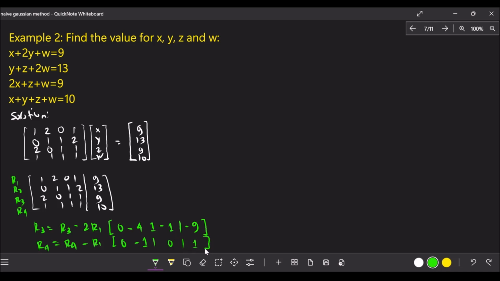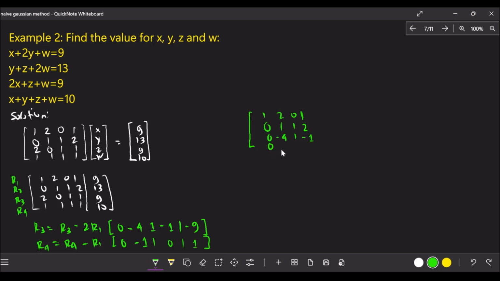So our new augmented matrix will now become: 1, 2, 0, and 1. Then 0, 1, 1, 2. Then for the third row, 0, negative 4, 1, and negative 1.